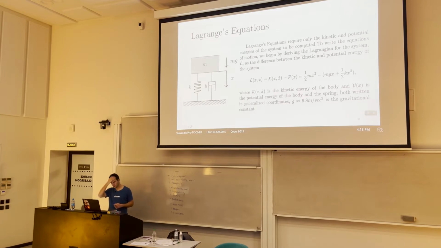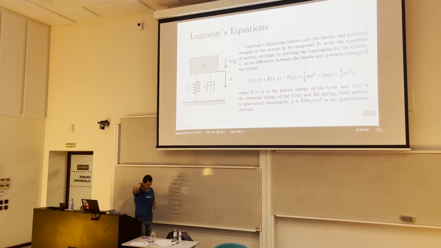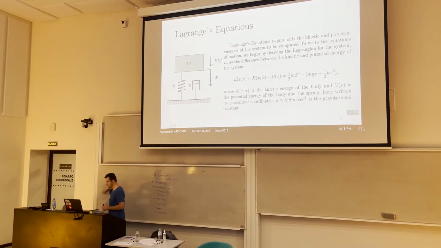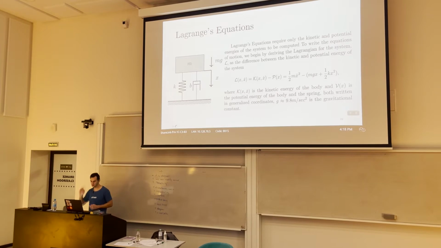Okay, so let's take a look at how we model a system. We're going to use the Lagrangian equation. It's called the Euler-Lagrange equation. Do you remember? Can you raise a hand if you remember the equation? Okay, not all of you, so I will explain. There was a guy, Lagrange, who derived the equation from the energy point of view.